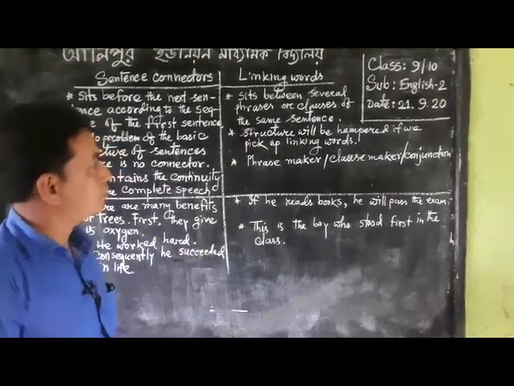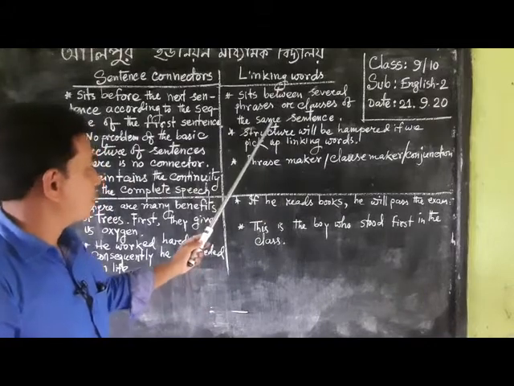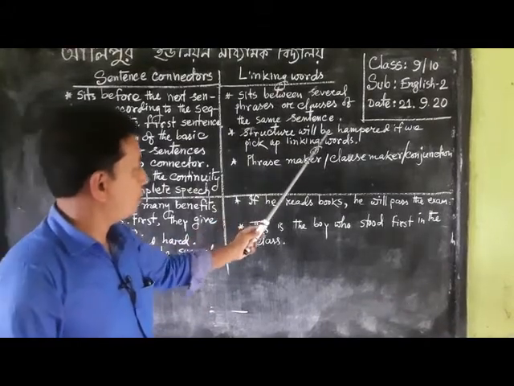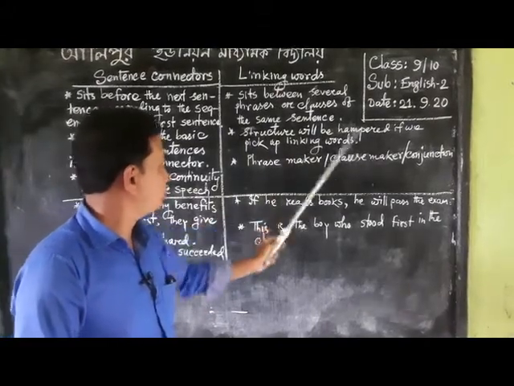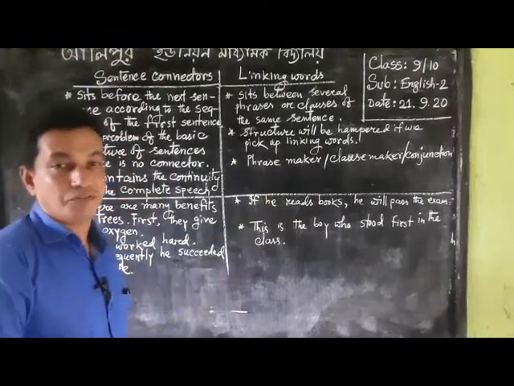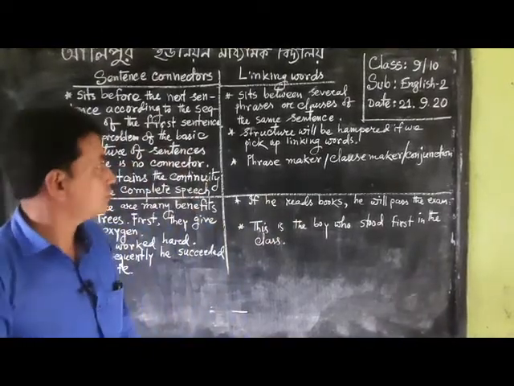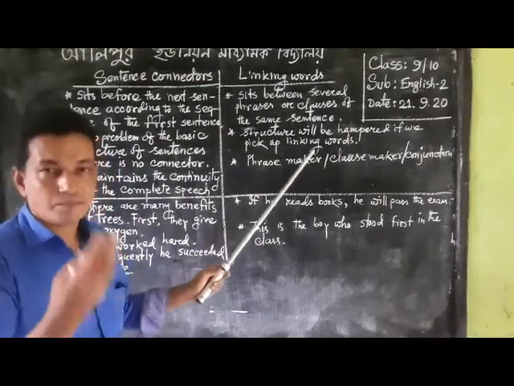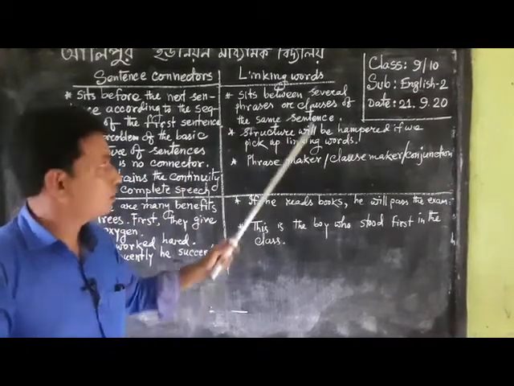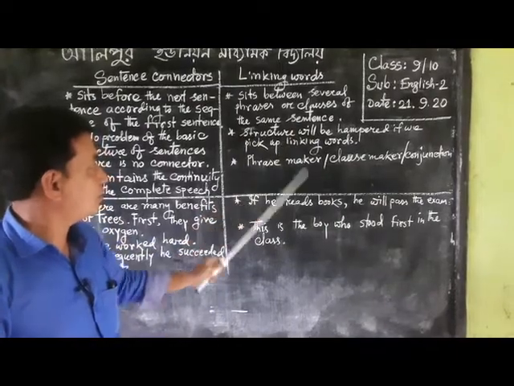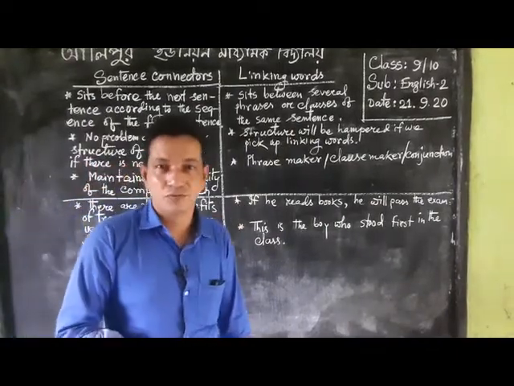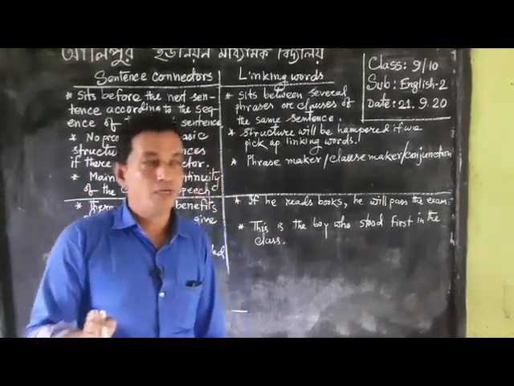And the next feature of this item: the structure will be hampered if we pick up linking words. This is a very important side of linking words, because if we discard linking words, the structure of the sentence will be hampered.